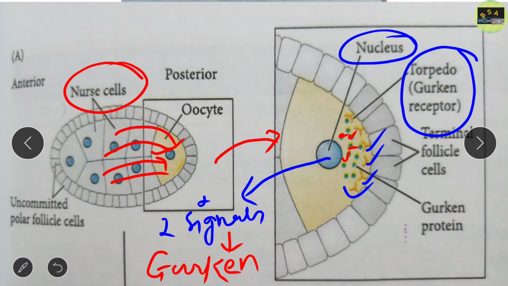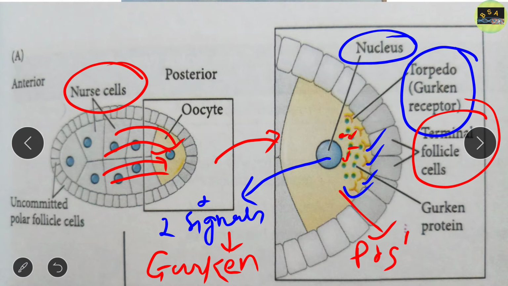Clear? So this receptor is basically synthesized from the terminal follicle cells. So this signal results in the posterization of the follicle cells, that is, the posterior part of the follicle cells. Now clear?